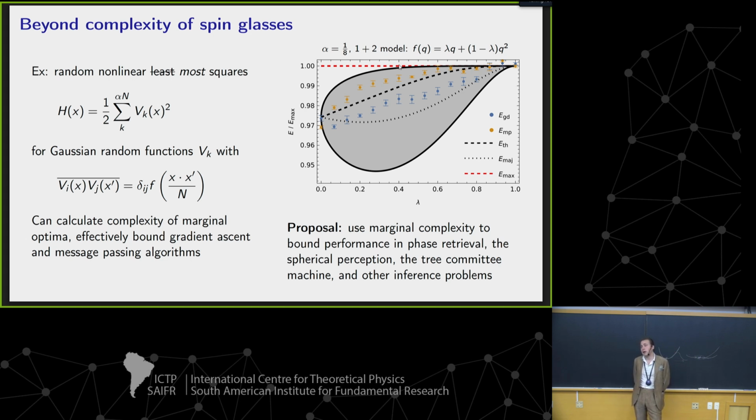So that's one example, but also in more physical examples, a lot of the application of this field is moving away from glasses and spin glasses precisely because there's not so much quantitative things to discuss.